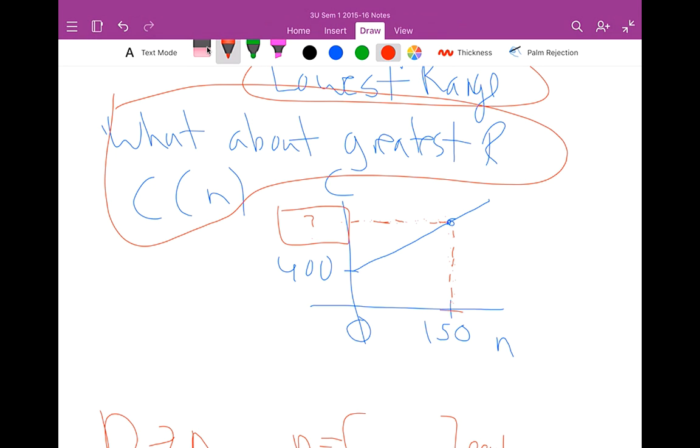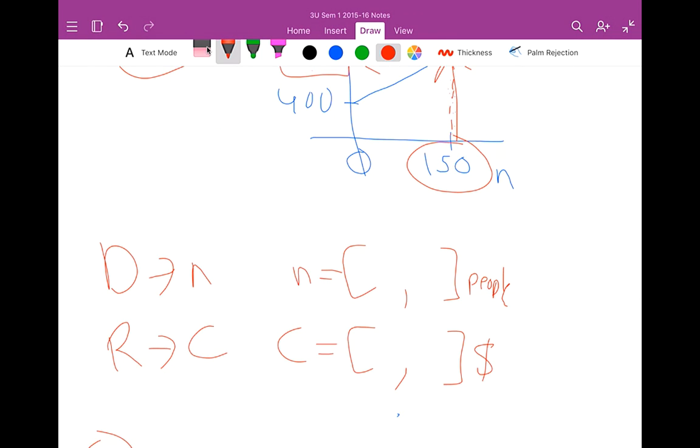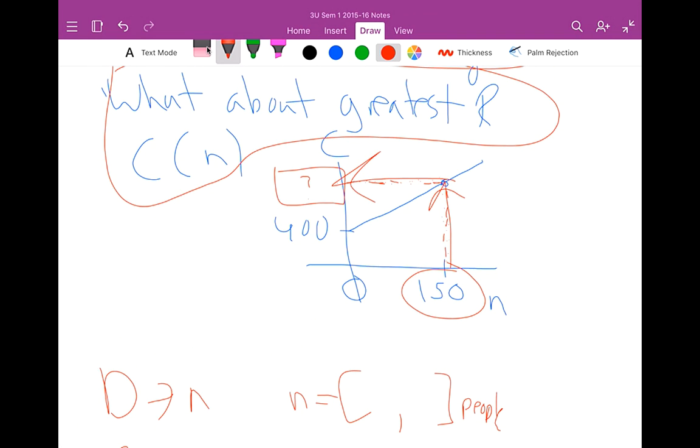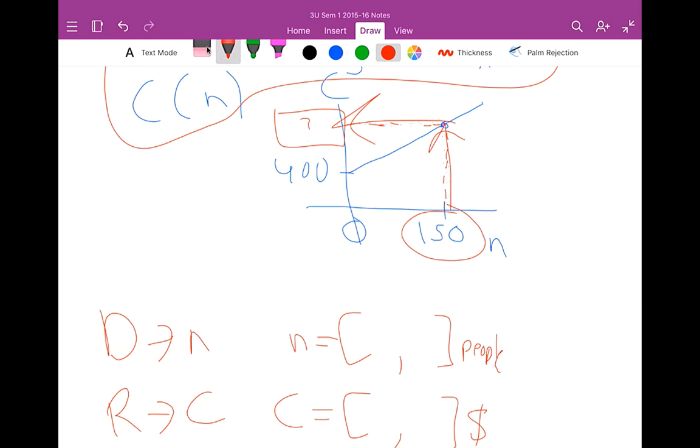Well, that occurs when there's 150 people. So I go up to my curve and I go across and figure out the cost. How do I do that with math? I substitute in, right? So C equals 12 times 150 plus 400.